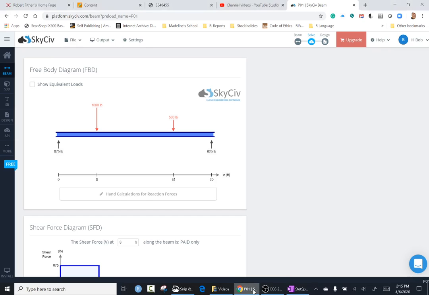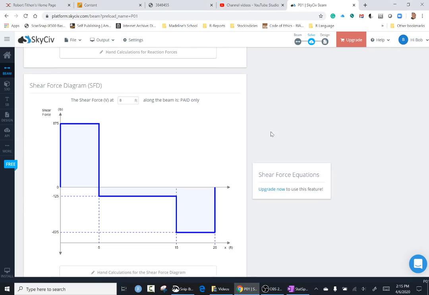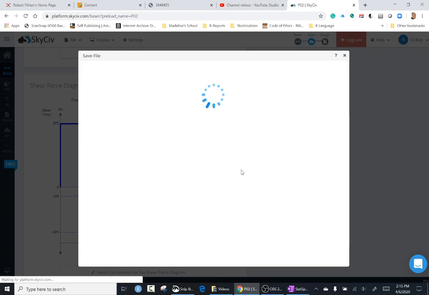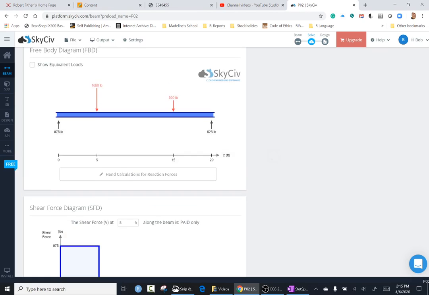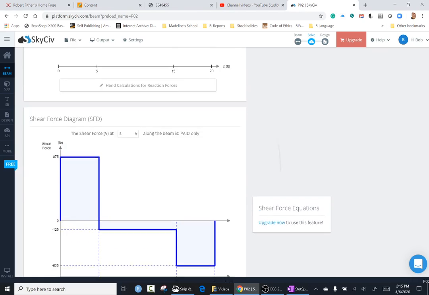Does the shear diagram look the same? Let's take a look. Okay, the shear diagram does not look the same. Let's save this one. Save as. I called that PO1, so I'll call this one PO2. Okay, here's the shear diagram on PO2.